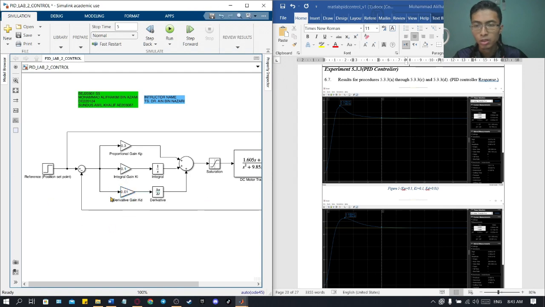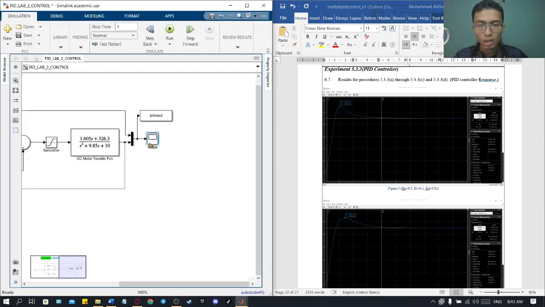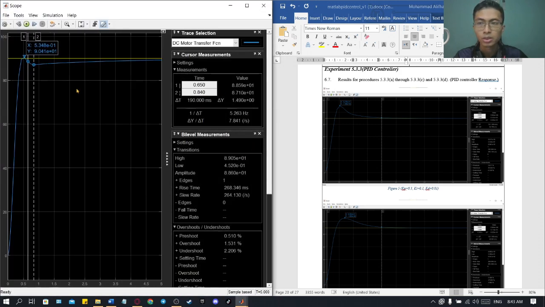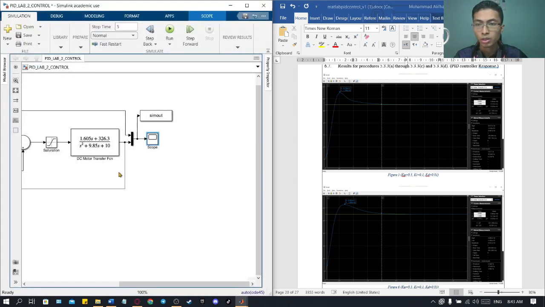Yeah, and you can see inside, and we can run. After we run, we will see the... hold on a second. Why is it over there?